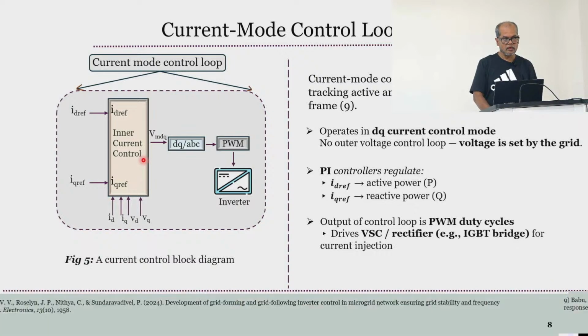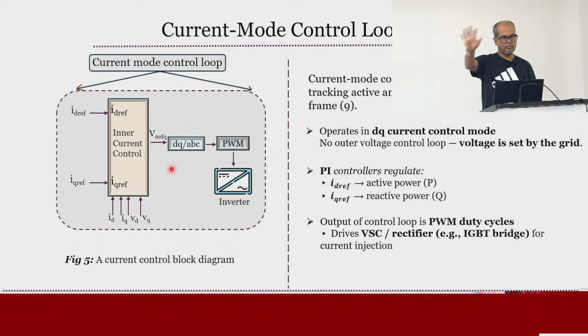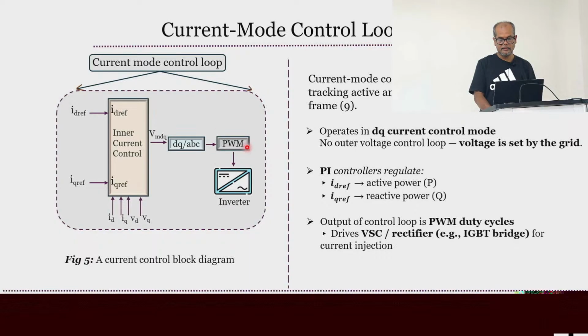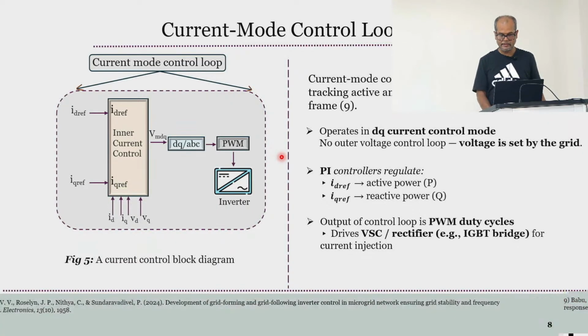Then, from whatever output we get, we convert from DQ to ABC and apply it to produce the control output through pulse width modulation. So it controls the duty cycle and sometimes the angle as well, and by controlling that you can control the active and reactive power.